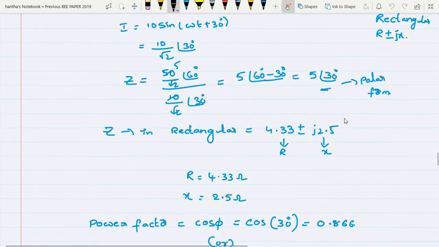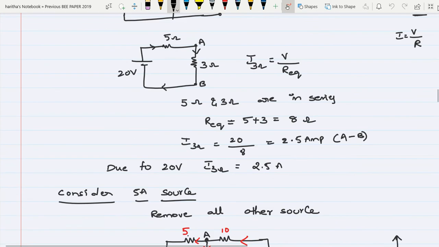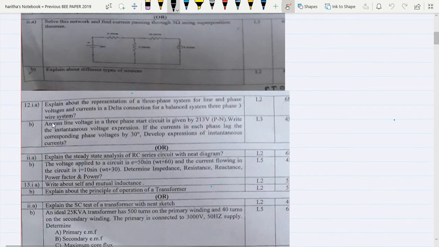If you see the question paper, there are A and B questions. If A is a theory question, the B bit is a problem. This is 12A: the A bit is a theory question, B is a problem. In 2A also, A is a theory question, B is a problem. In 13, again there is a problem. So don't neglect the problems.